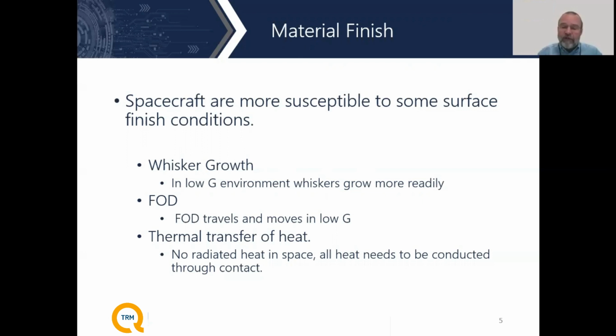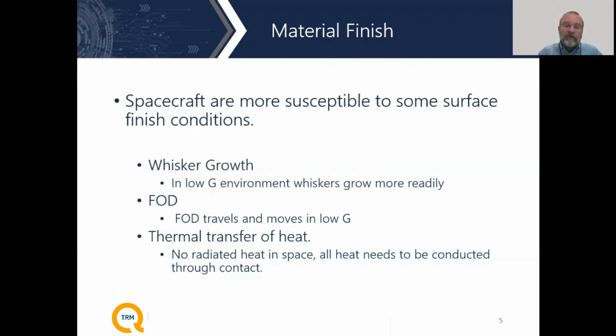The other thing, from a surface finish condition, which we really don't think about, is the fact that, where does the heat go? Now, on a spacecraft, you can't radiate because there's no air, there's no contact with the components for it to have energy radiate from the part off and remove some of that excess heat.